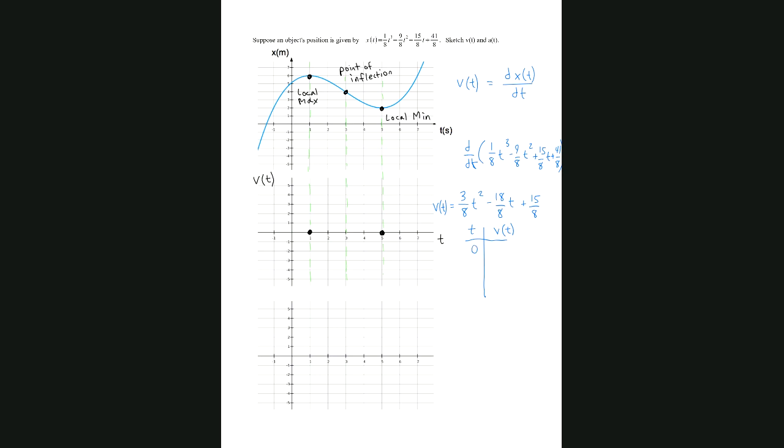I'll also use a time of 1, and a time of 3, and a time of 5. That should help me sketch it pretty well. So when I plug in a t of 0, we're going to get the constant 15/8. On calculator, that comes out to 1.875 as a decimal. Let's just plot that point right now.